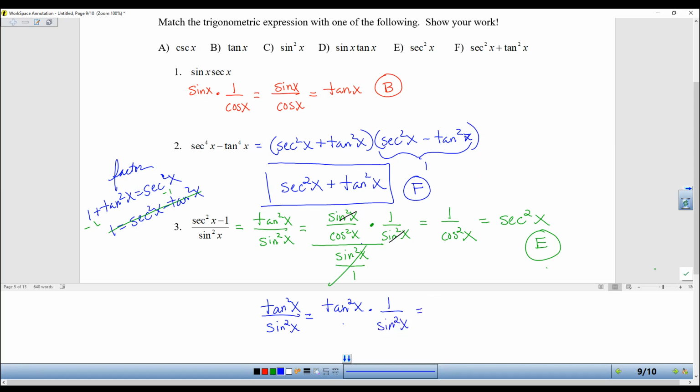People that do this are really successful. And this becomes sine squared over cosine squared times 1 over sine squared. So if that makes more sense to you, then by all means, do it that way. If that whole flip, multiply, keep, change, flip, whatever, doesn't make sense, then you can do it this way.